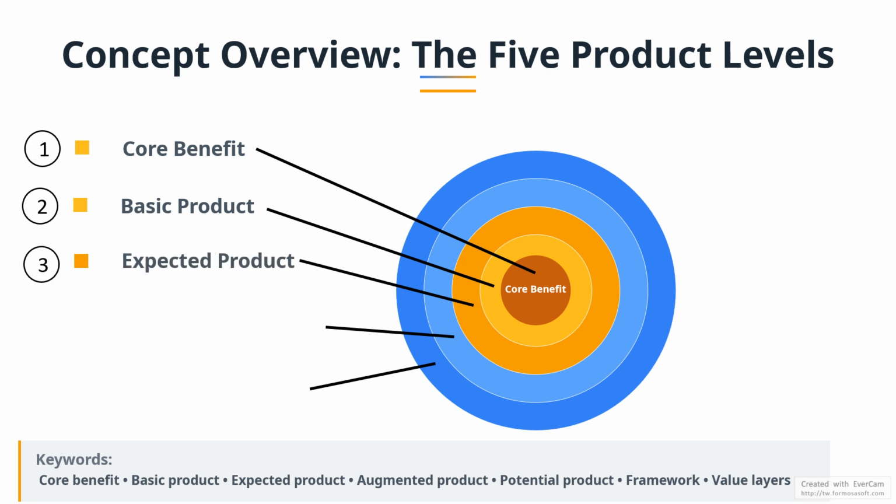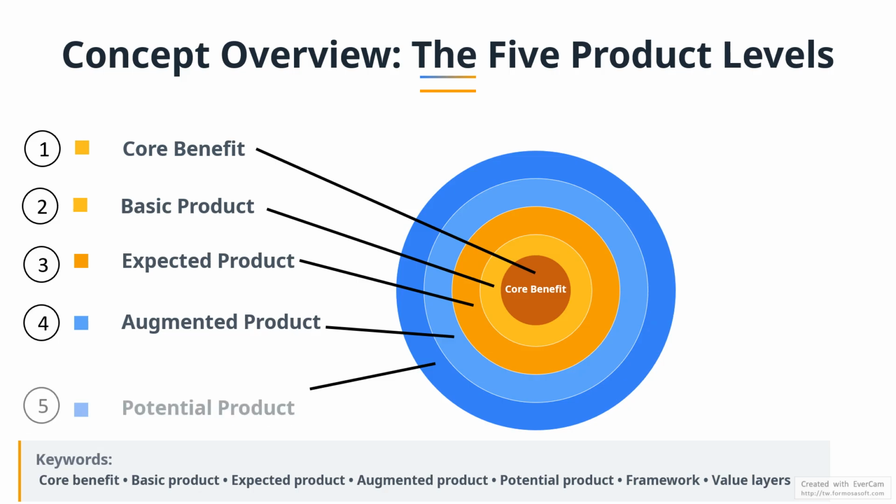Third, expected product is what the consumer expects when buying. Fourth, augmented product is extra service or features that make it unique. Finally, potential product is a future improvement or innovation. Each label adds more value and meaning for consumers.